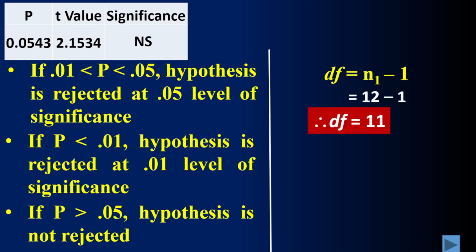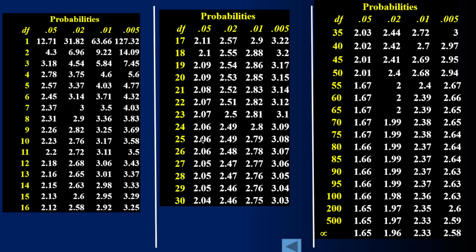If t value is there and df is there, then we have to refer to the t table. In the t table, in the column of df, we have to locate our df. Our df is 11. So in the line of 11, we have to see the value written under the probability 0.05 and under probability 0.01.